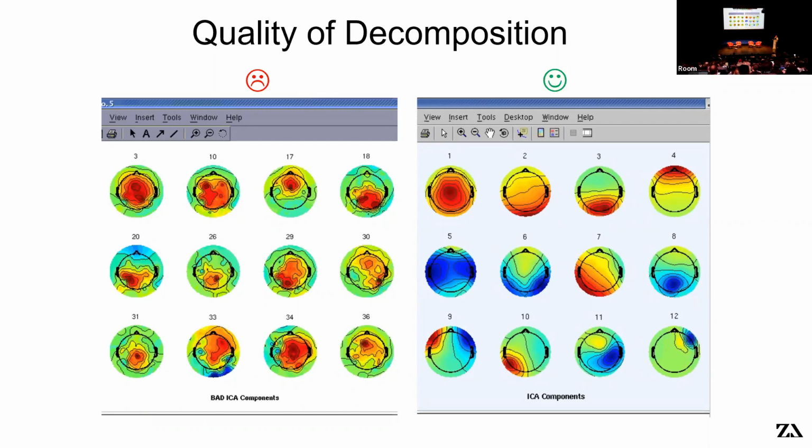A good ICA decomposition usually has components where the scalp maps look dipolar, like here. And when you have something like this, which looks more like a psychedelic plot, then it's probably not good.